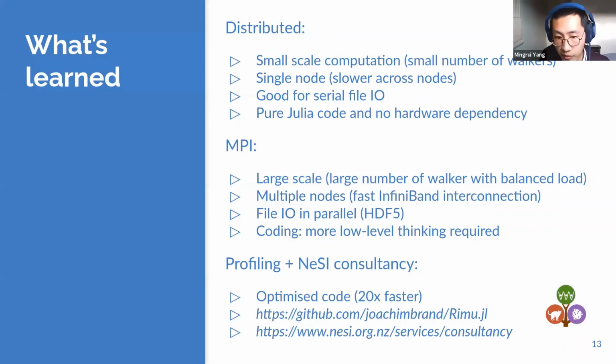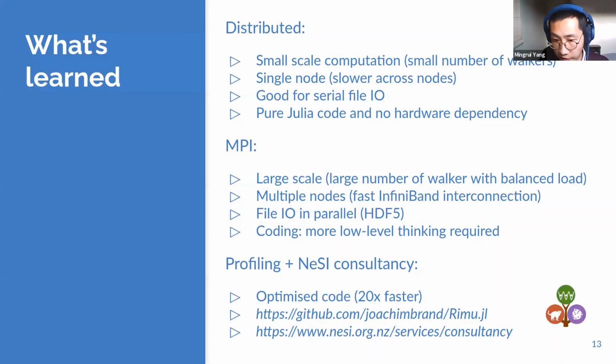As the outcome from the profiling and the consultancy project, we managed to get our code optimized to 20 times faster. We switched to MPI for our code because it is really efficient on the NZRSE clusters with their fast interconnection.